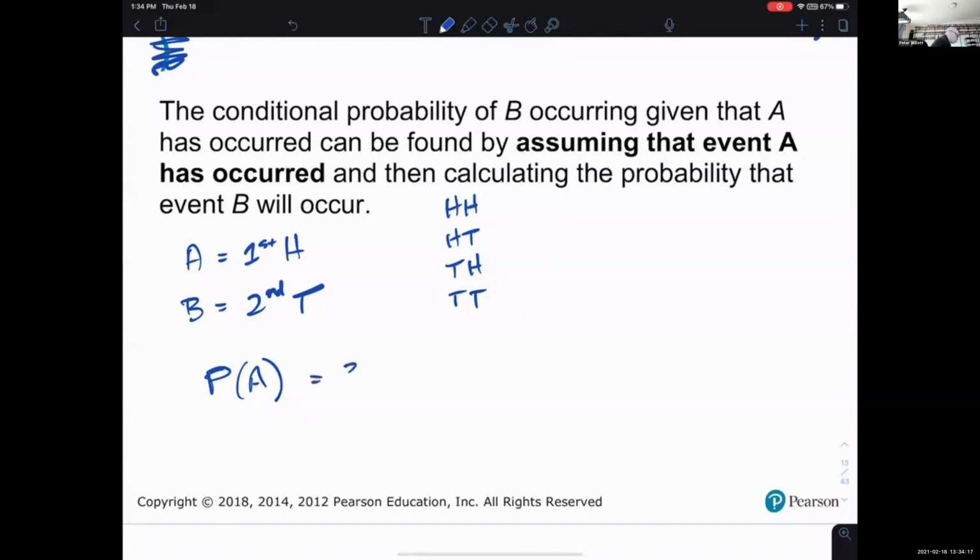And this would be 2 out of the 4 possibilities. The top 2 had heads first. And of course that simplifies to 1/2. And it's not too shocking that when you flip a coin the first time, the chance that you get heads will be 1/2.